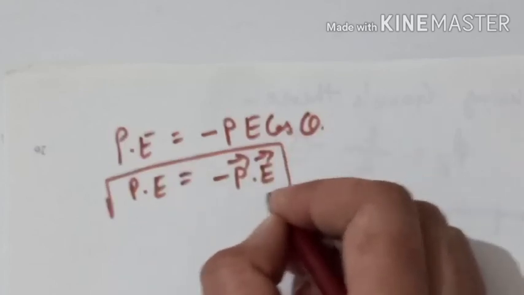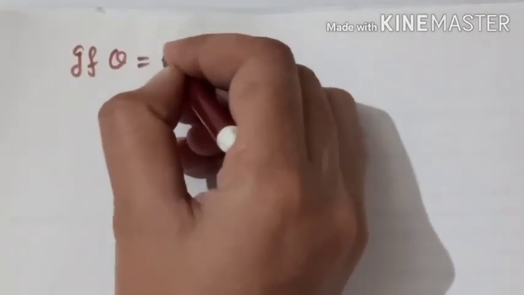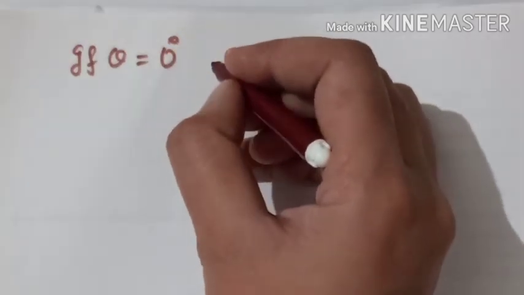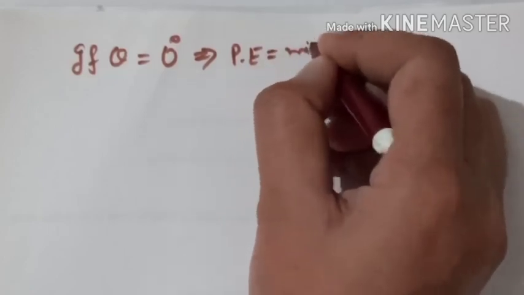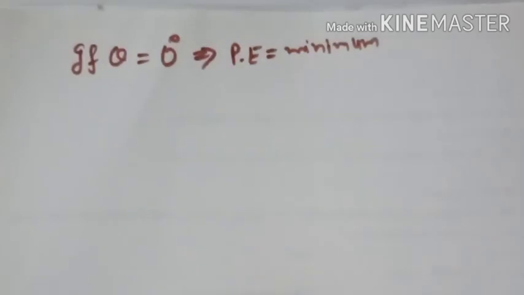So this is the expression for potential energy in an external electric field. If theta is equal to 0 degrees, then the dipole has minimum potential energy. So when the dipole is aligned with the field, the dipole has minimum potential energy.